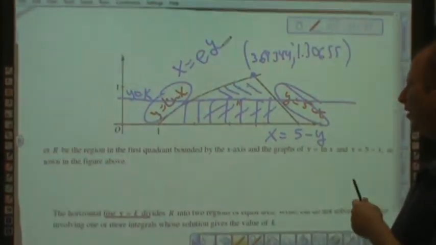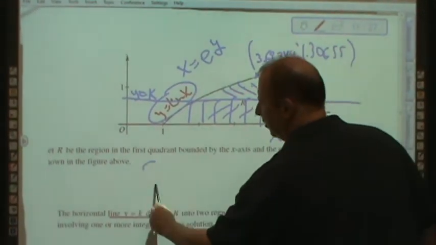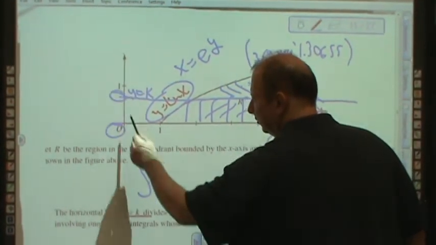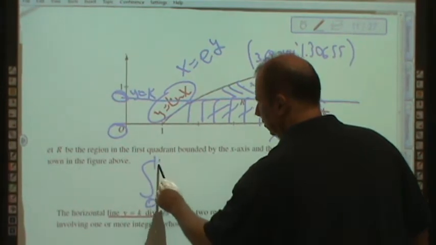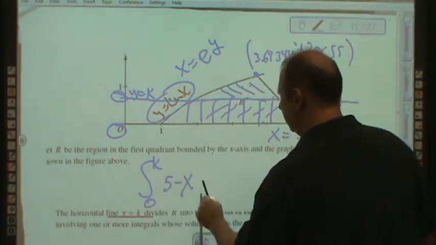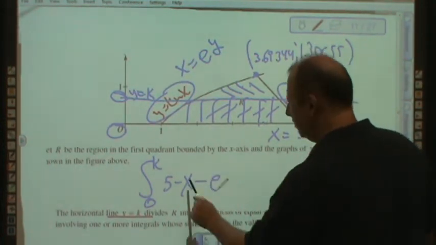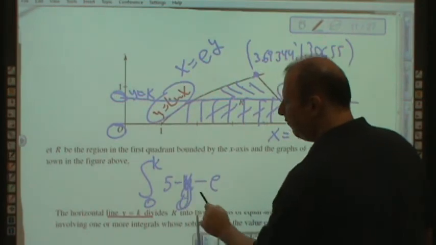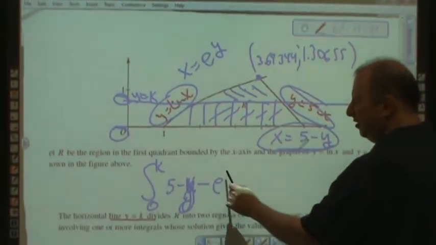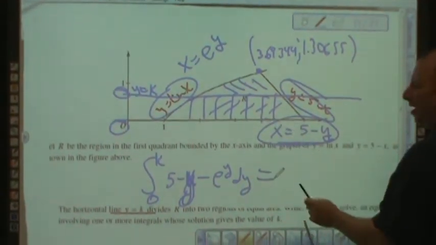So the area from here to here is going to be from 0 to k of 5 minus y, forgive me, 5 minus y, this piece, minus e to the y, dy, and you make it equal to the area of the top piece.